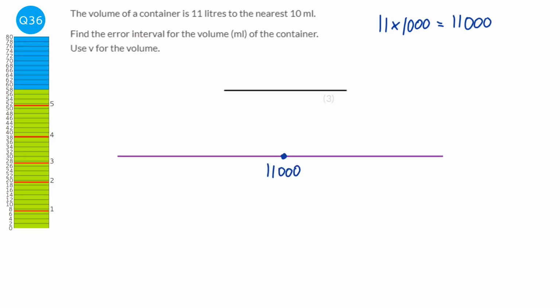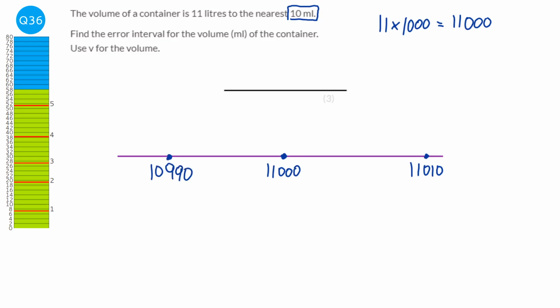Now, what would be the next one down if we're looking at to the nearest 10 mil? So we're going to add 10 mil on, which will be 11,010, and we're going to take the 10 mil away. So 11,000 take away 10 mil will be 10,990.